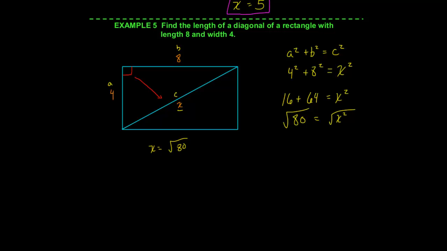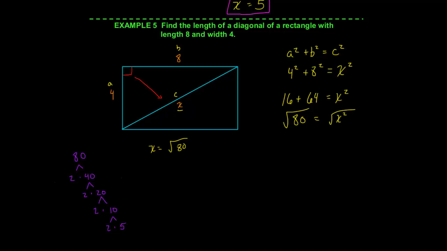Let's factor our 80 to, let me go ahead and grab a different color here. We've got an 80. We know that an 80 is a 2 times a 40, which is also a 2 times a 20, which is a 2 times a 10, it's a 2 times a 5.